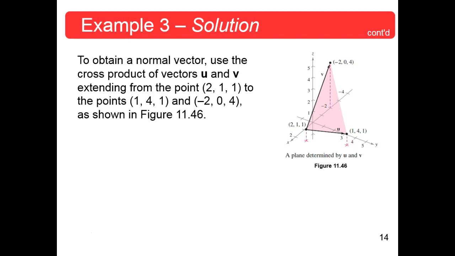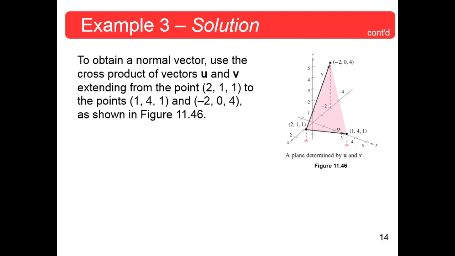And then you need to get a vector to that one and that one. We said U was to this one and V was to that one, from this initial point. That gives you a U and a V, and that was pretty straightforward to do. Just use the components there. 1 minus 2 is minus 1. 4 minus 1 is 3. 1 minus 1 is 0.